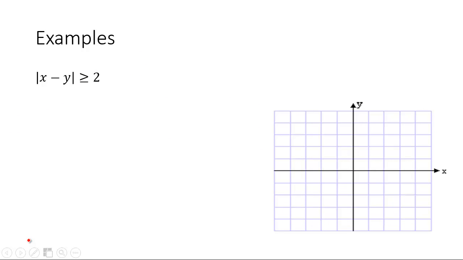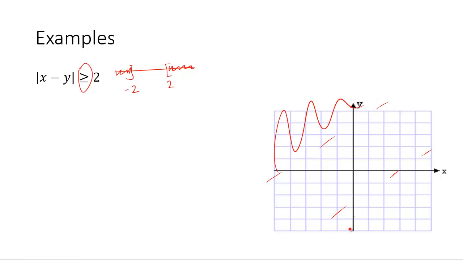Let's try one more. Now this is pretty much the same question, except we've got a greater than or equal to. So remember, the greater than is going to be the outskirts. So you can already kind of, hopefully intuitively tell that instead of it being the middle region, it's going to be the outskirt region.